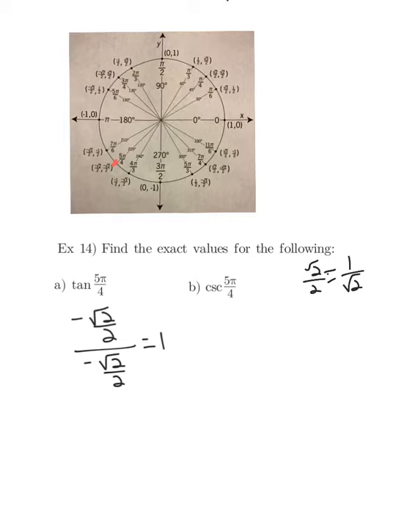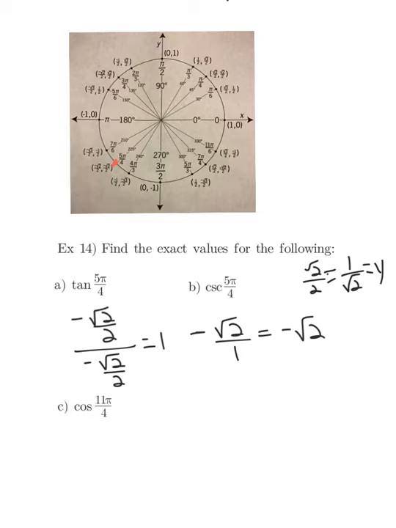So this is the y value, 1 over square root of 2. We want the reciprocal of that for cosecant. So the cosecant will be the square root of 2 over 1. We are in third quadrant, so that is negative. So our answer is negative square root of 2.